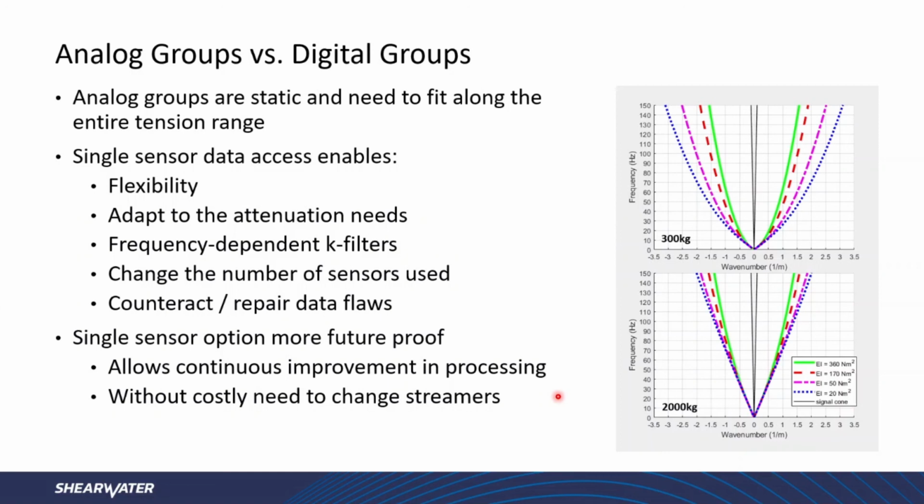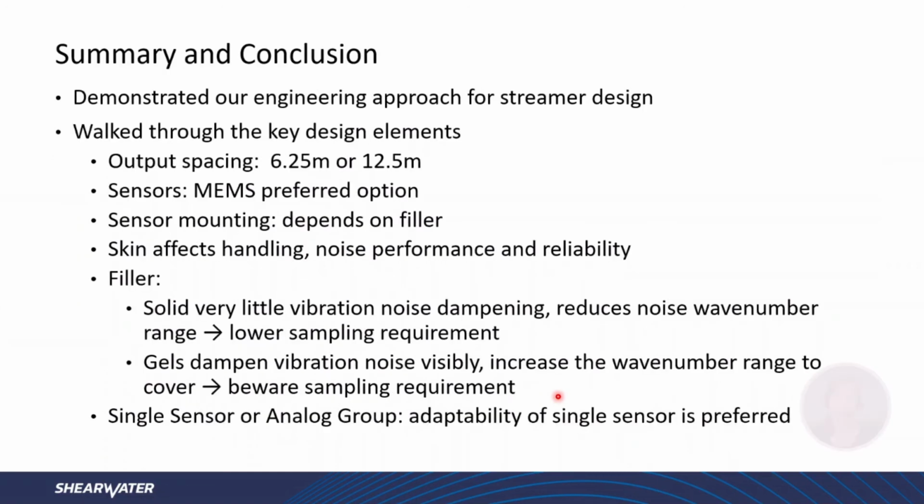And with that, it is actually time to conclude and summarize what we have learned. I hope I have demonstrated to you that we have a very solid engineering approach for streamer design. We have walked through the key elements for designing a streamer. We've talked about the output spacing, and that 6.25 or 12.5 meters are sufficient, and one doesn't need to gold plate a system with a 3.125 meter output.